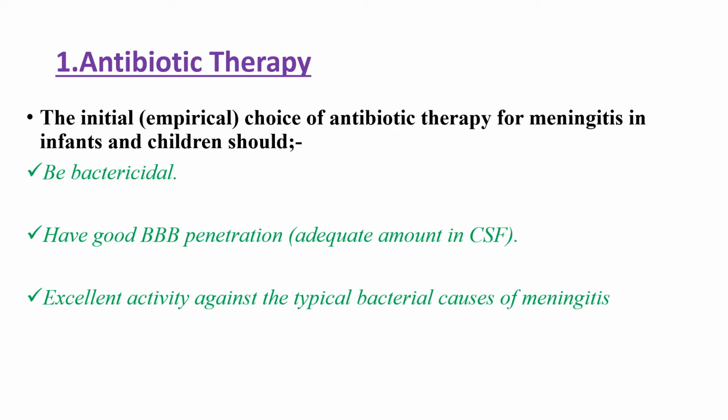Mainly the three typical causes of bacterial meningitis: Neisseria meningitidis, Streptococcus pneumoniae, and Haemophilus influenzae type B. So that is why we say empirical choice of antibiotics.